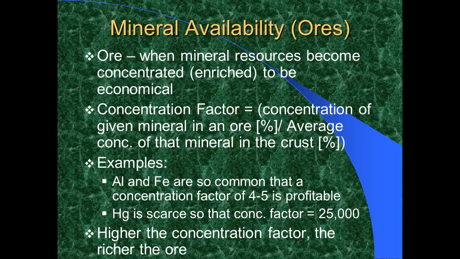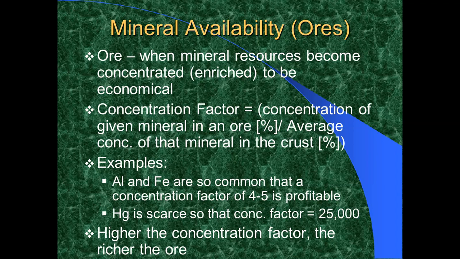to calculate the concentration factor. Now think of these concentration factors as, for every single mineral, there's a bare minimum. There's a threshold where below it doesn't make economic sense. Above, we can make money off of it. Now this depends, once again, on how abundant or rare that mineral is in the Earth's crust.